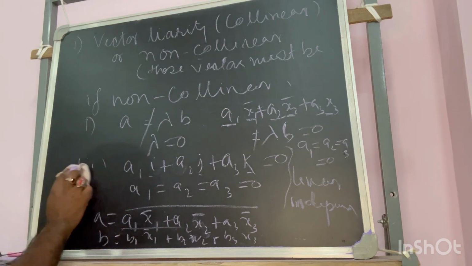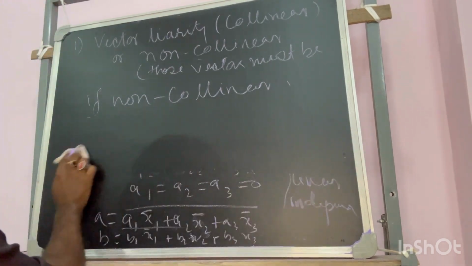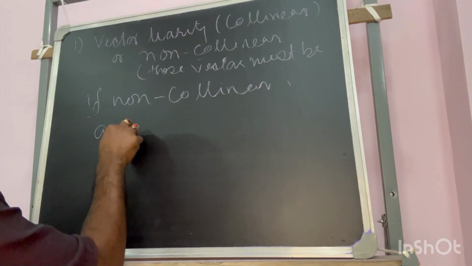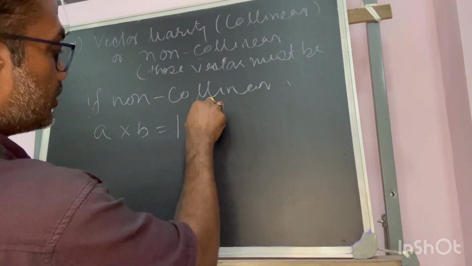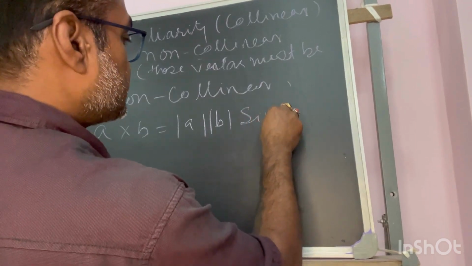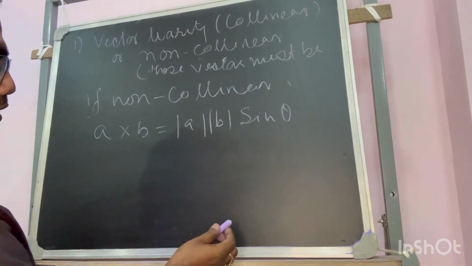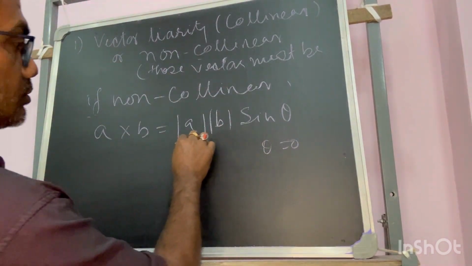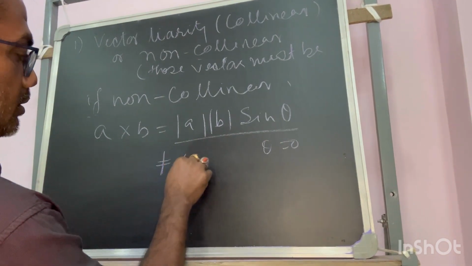And for non-collinear, the third condition is A cross B. For collinearity we have seen that if it is collinear, then theta is equal to 0. If it is non-collinear, this value will not be 0.